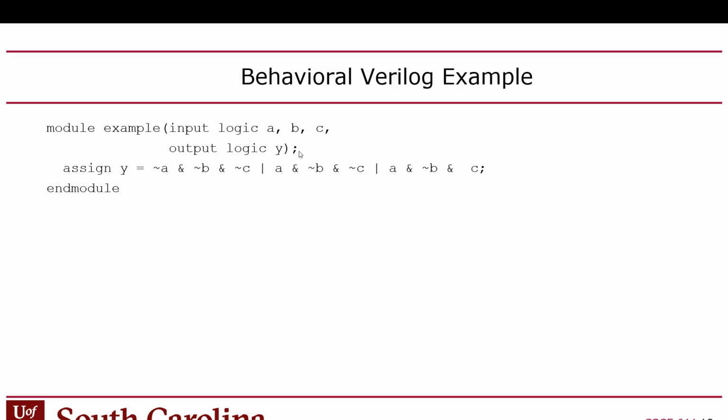And in this case, there's only one line of code, and this is called a continuous assignment statement or a concurrent assignment statement. So when you write code in any other high-level language, those languages are going to have something called sequential semantics, which means that when you run code, the computer is on one line of code at a time.